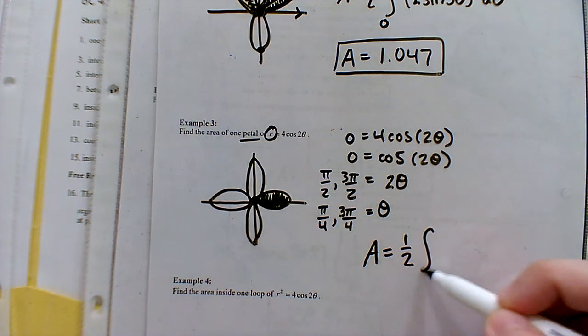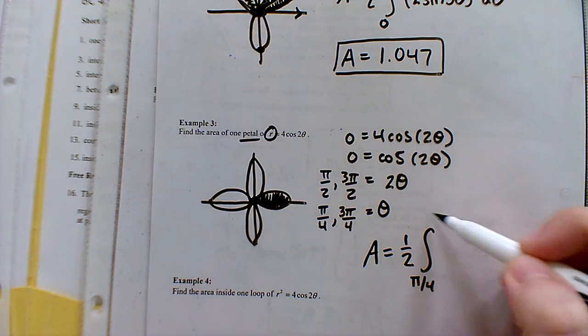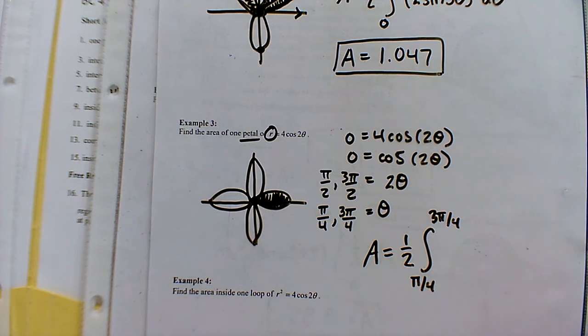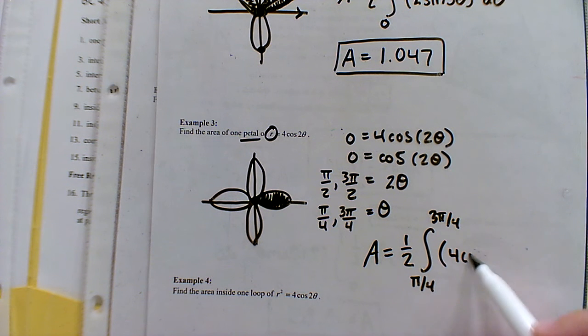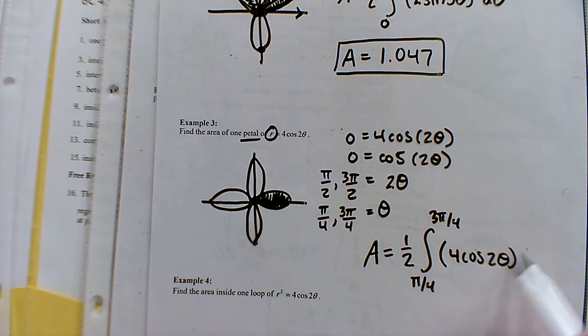We need 1/2 times the integral. We'll do pi over 4 to 3 pi over 4. And then we need the radius squared.